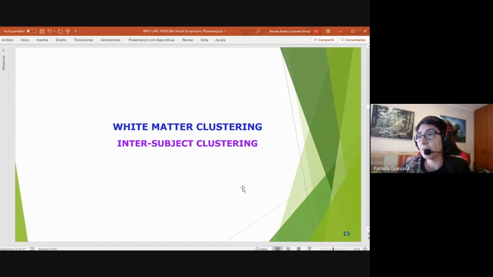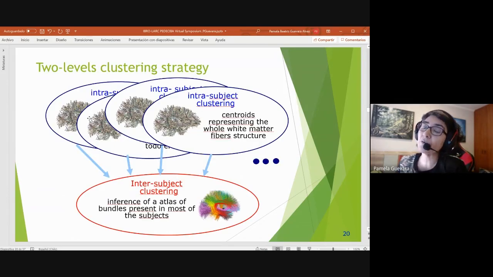So the idea is there are a lot of works based on trying to extract the structural information, but not from only one subject, but from a group of subjects, and then to infer atlases of white matter bundles.